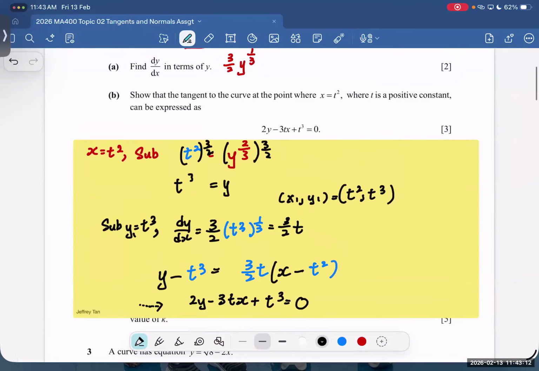Sometimes it can be in terms of y, but all you need to do is an additional substitution. Generally, dx/dy is 1 over dy/dx. This is found inside the pages of your notes. It's like a fraction.